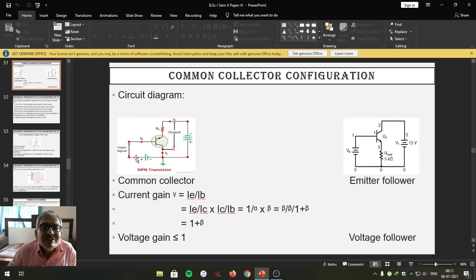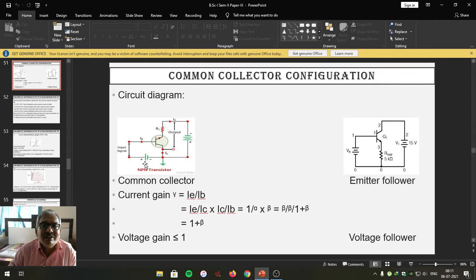Friends, this is the battery as usual. We can call it VBB, that forward biases the emitter base junction. The transistor is of NPN type, the base is P type. This battery is connected to the input junction in such a way that the positive terminal is connected to the base, means to the P region.